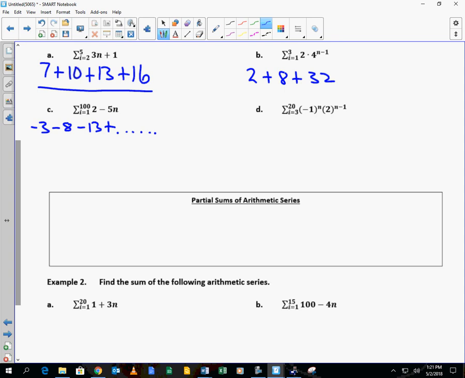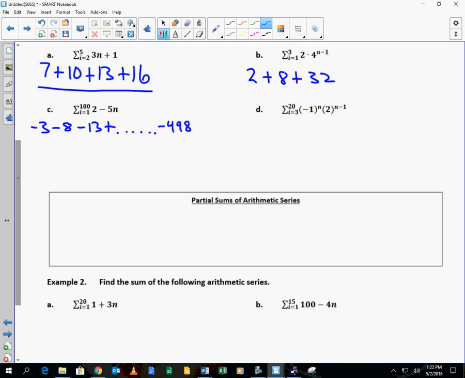So if we plug in 100, you get 2 minus 500, which is, so we can see the summation here that you get. So, if you write at least 3 dots, you're good to go, is generally the accepted idea.